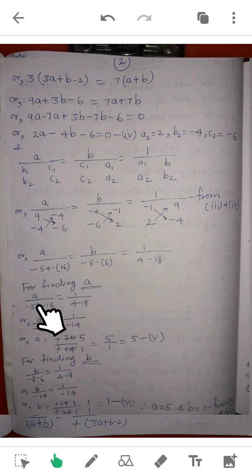For finding A, upon minus 54 minus 16 is equal to 1 upon 4 minus 18. Further we'll solve it, or A is equal to minus 54 minus 16. As both are negative, we have to add them and place a negative sign before them. 54 plus 16 is 70. Minus 70 is equal to 1 upon 4 minus 18, it is minus 14.